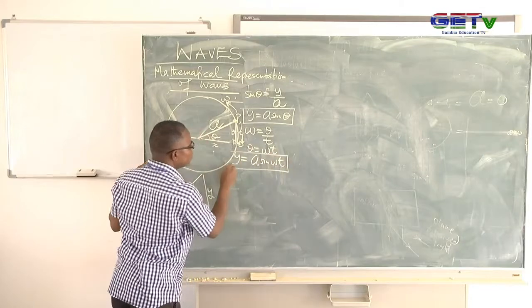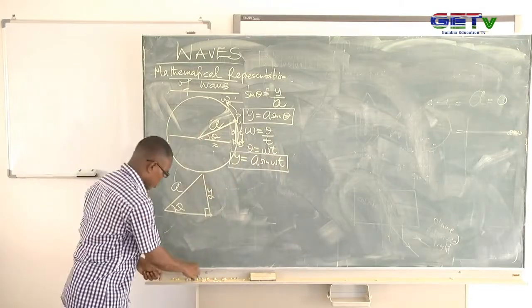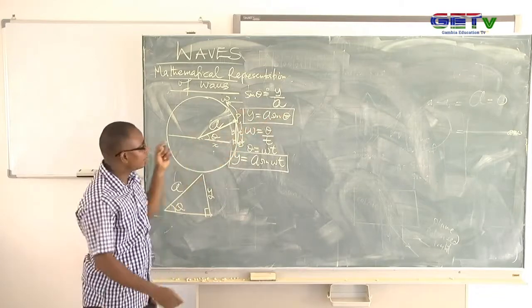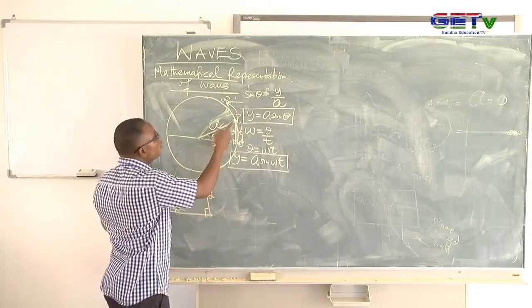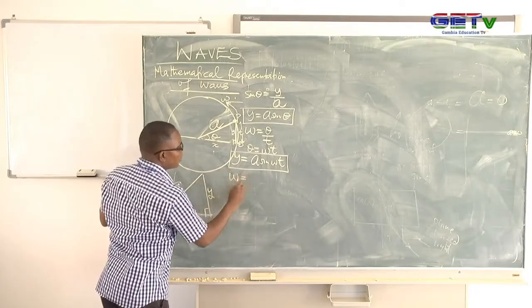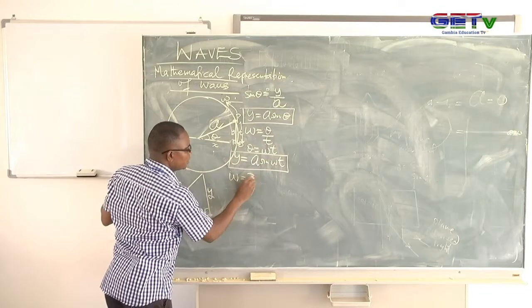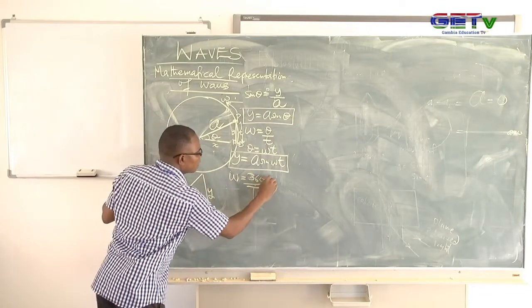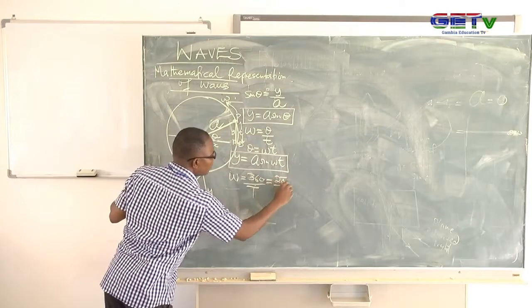Now if I put this into context, you have that equation coming out. That is the equation, I'm just modifying that equation. So what if the particle conducts a circle? If the particle conducts a circle, remember what will happen? It will now go through 360, and the time it takes to conduct that circle is a period, and 360 in radian measurements is 2 pi, you know that already.